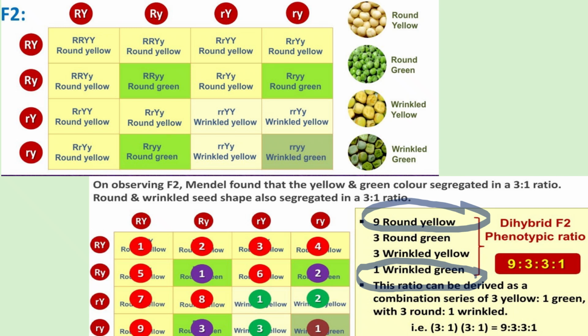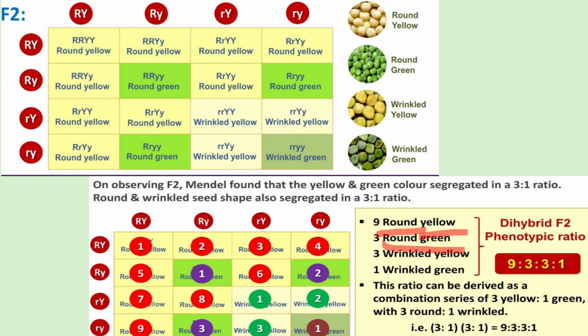But when this cross began and we reached the F2 generation, you will be able to see that we have two new combinations, round and green, wrinkled and yellow, which were not there in the parents. So these are new non-parental combinations. So this shows one thing, that the round gene, which was initially with the yellow gene, is now found with green also.